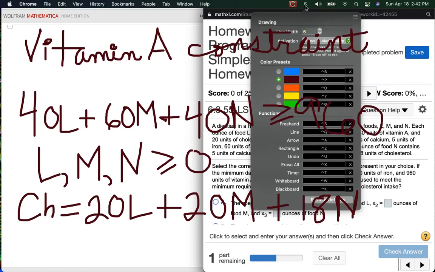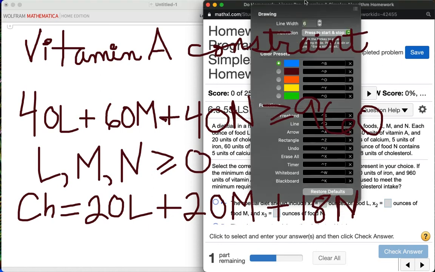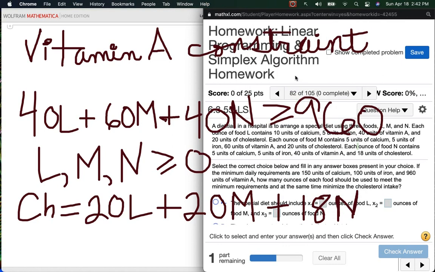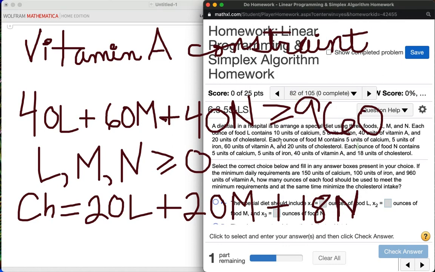Let me just change one thing over here. Okay. When you have a standard minimization problem, and that's exactly what this is, all of your constraints or restrictions are going to make use of the greater than or equal sign.